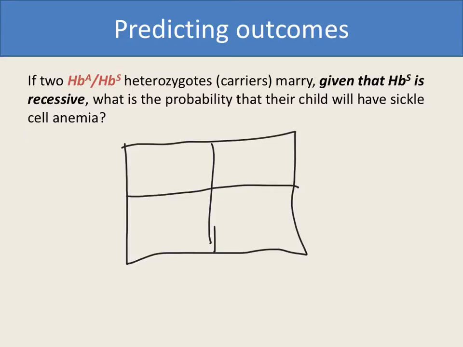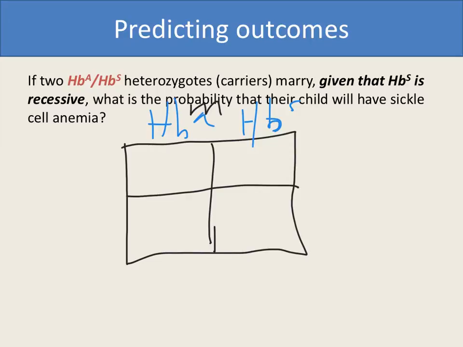Now, if you remember, there's two alleles, HBA and HBS. Okay? We have two people who are heterozygous. That means we say, let's say up here, it's the man, and he is HBA and HBS.